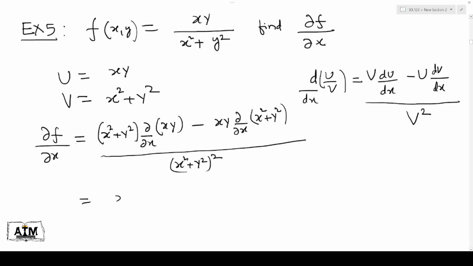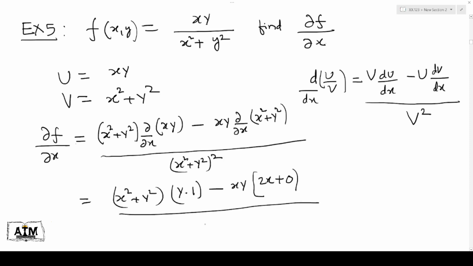This is equals to x square plus y square, and partial derivative of xy, y is a constant, will come as it is, and derivative of x is 1, minus xy, and derivative of x square is 2x, and derivative of y square 0, because we are doing partial derivative with respect to x, then y is constant, divided by x square plus y square whole square.